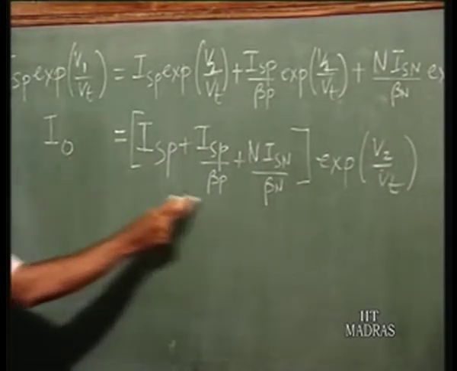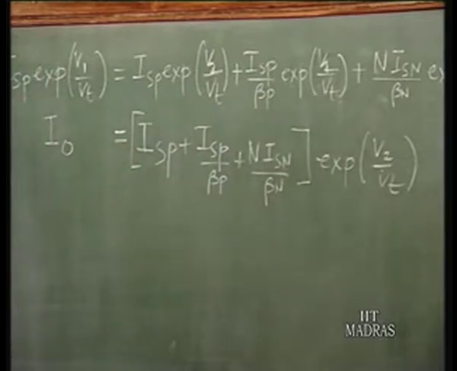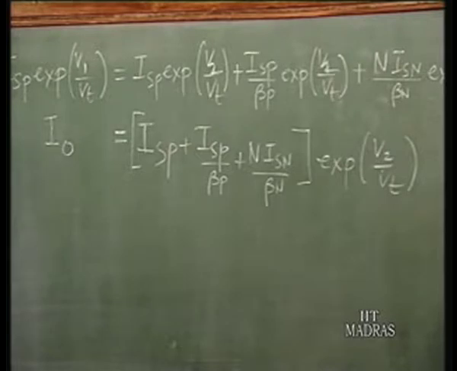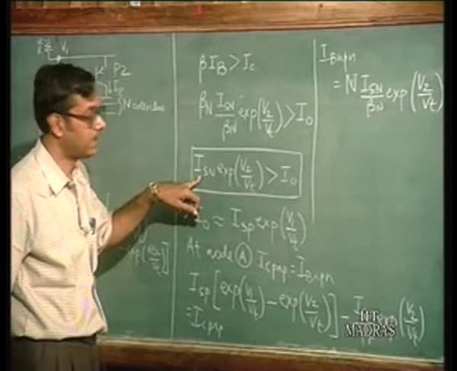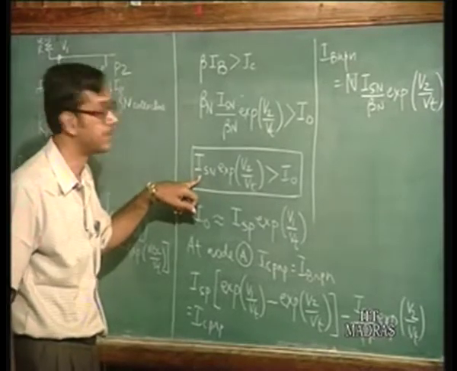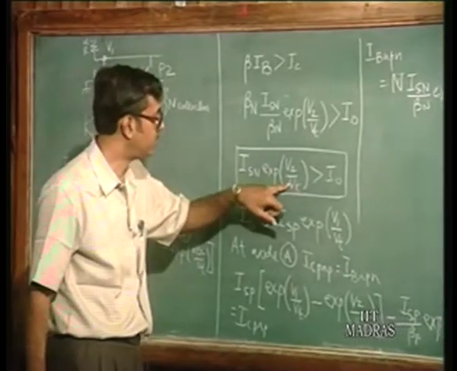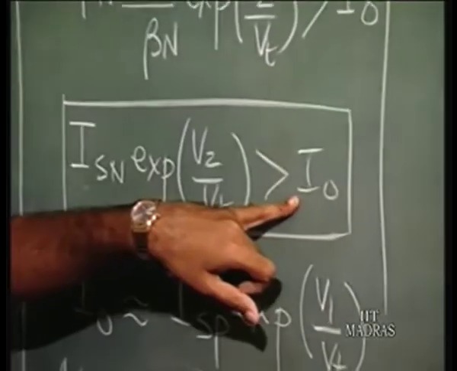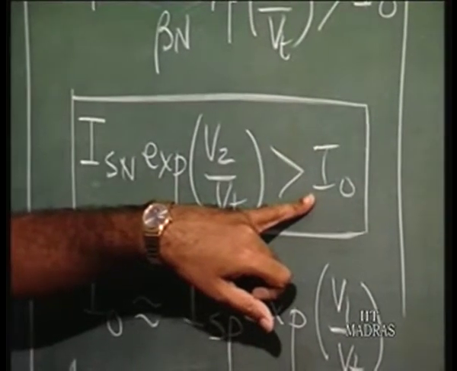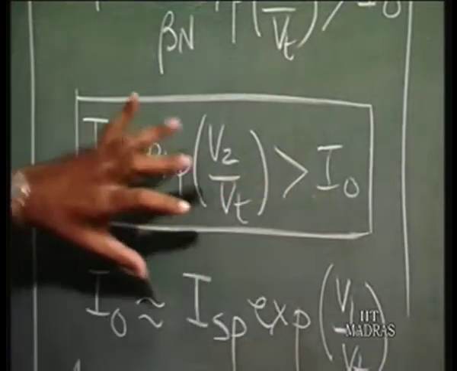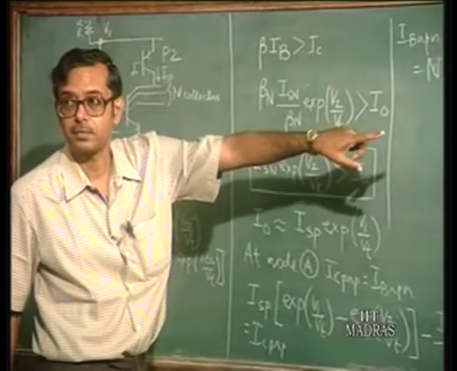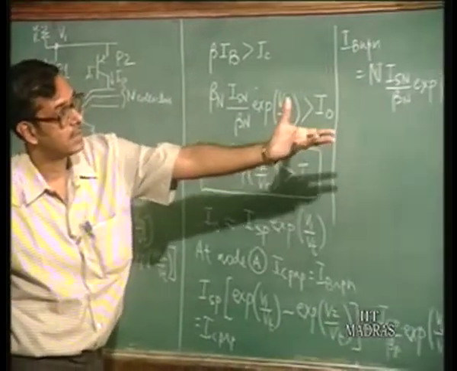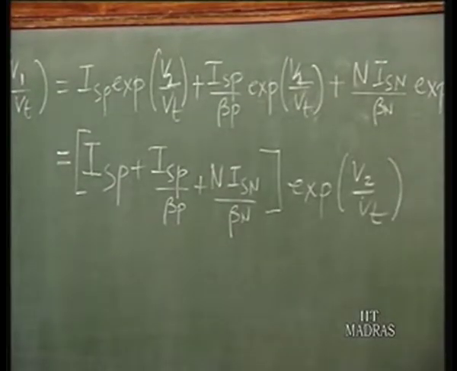So, I naught is equal to this expression. Now, again coming back here, the condition for saturation is that ISN exponential V2 by Vt must be greater than I naught. So, ISN exponential V2 by Vt must be greater than that, which is again some term into exponential V2 by Vt.